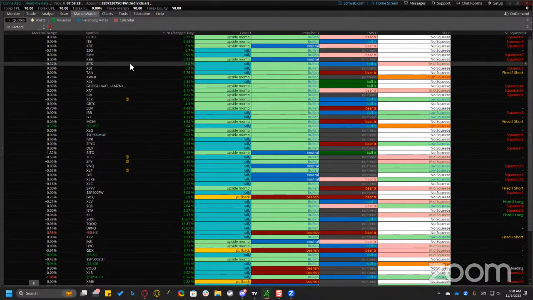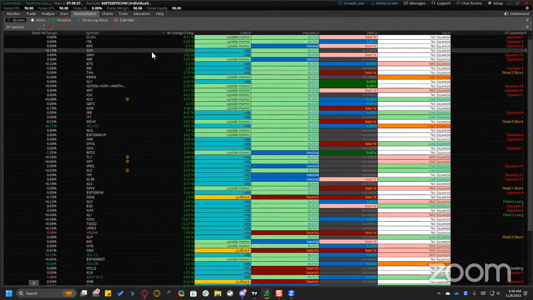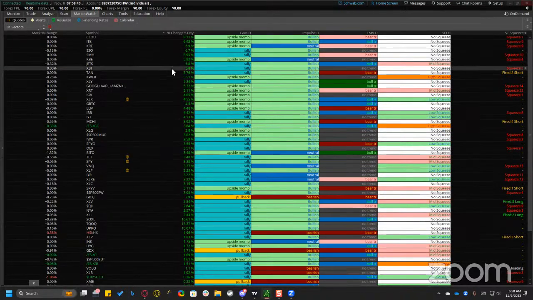Over the past 5 days, cloud computing has moved 8%. Financials through KRE has moved almost 7%. Semiconductors almost 6%. Airlines 5.8. Solar 5.75. China ADRs 5.5.